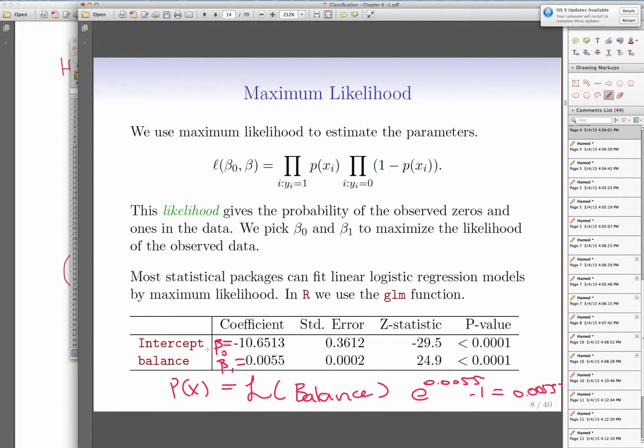That means a dollar change in balance will result in 0.55% change in the odds of default.